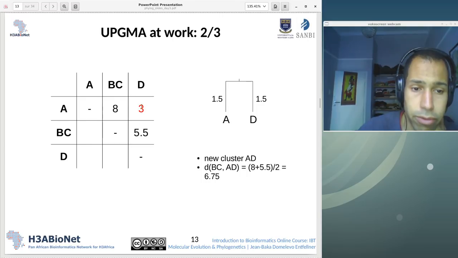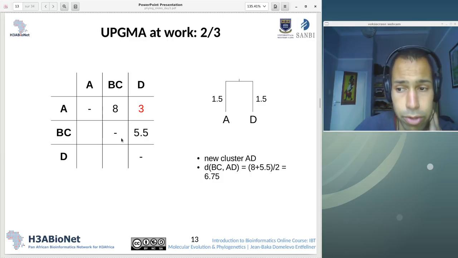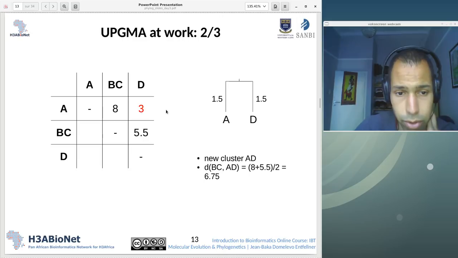Now you work with this new matrix, and iteratively you do the same as what we've done earlier. Find what is the smallest number in this matrix. The smallest number is here. It links A to D. So we are going to define a new cluster A to D. The previous cluster still exists. I've not represented it on this slide, but you have BC here, okay, with distance 1.